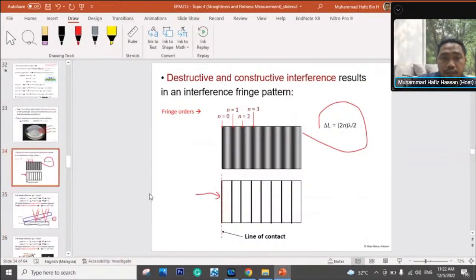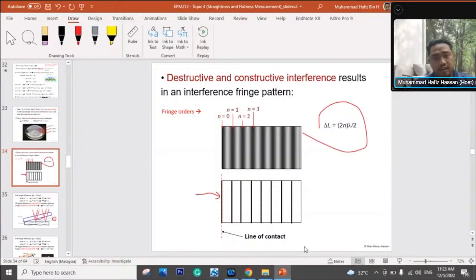Here, this is a fringe order. This is a formula that we will use in order to find the delta L. Fringe order 0 is a contact, the line of contact, meaning the first contact or the highest peak. Whatever has white color is flat, then they have a gap, so they have a lambda on that.